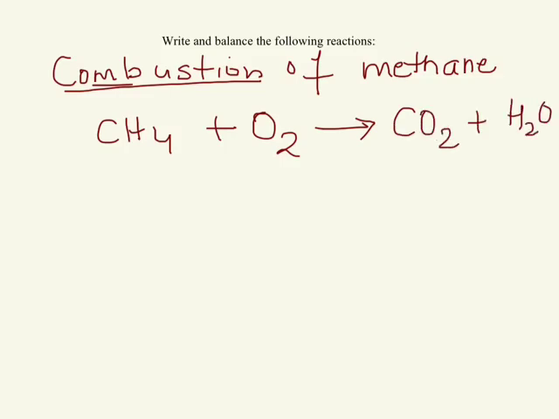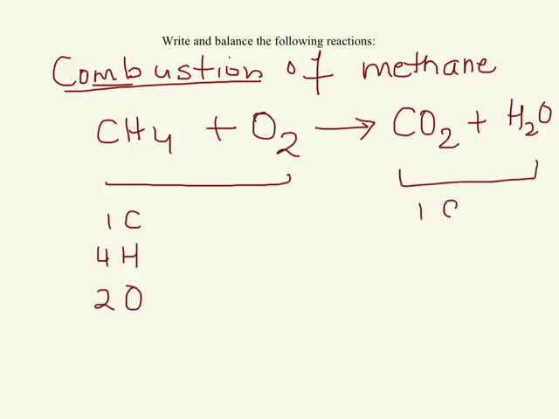If you look at this one, we have not created any new atom. On the reactant side, we have 1 carbon, 4 hydrogens, and 2 oxygens. O2 means 2 oxygens. On the product side, we have 1 carbon, 3 oxygens, 2 here and 1 here, and 2 hydrogens.